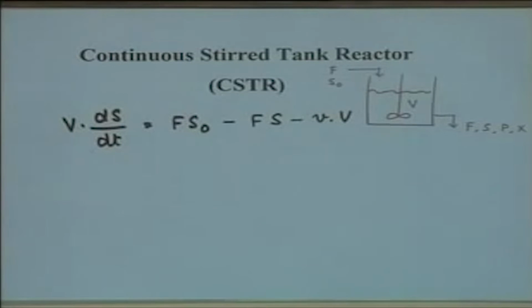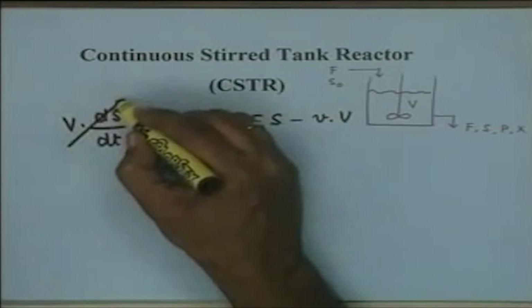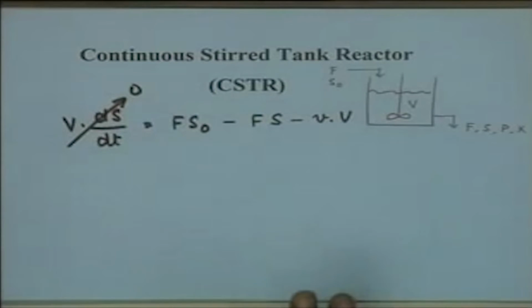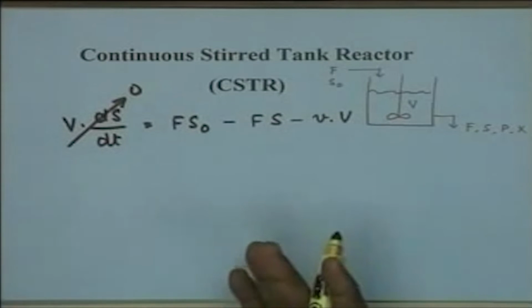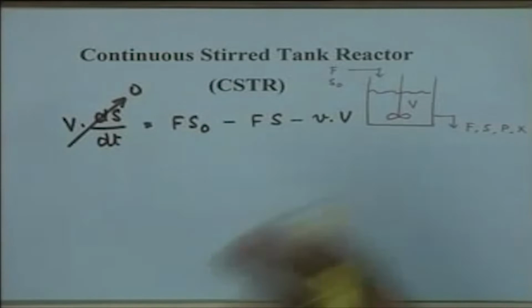When we say steady state, it means that the concentration of any species does not change with time in the outlet stream, and under that condition the accumulation term will tend to be 0, because whatever material is coming in is either getting converted by reaction or going out of the reactor.